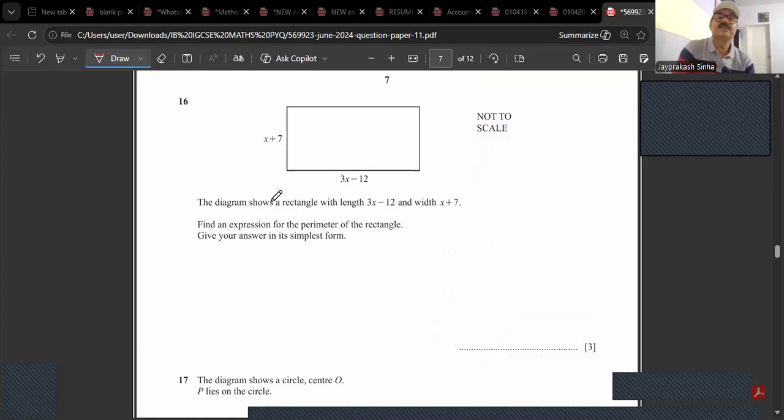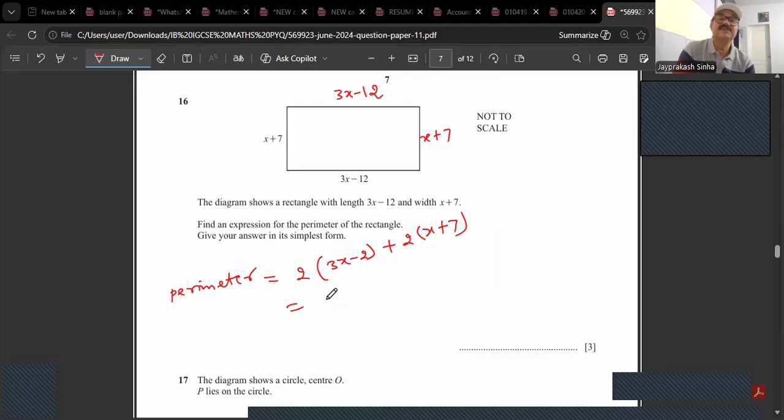Now, next problem. The diagram shows a rectangle with length 3x minus 12 and width x plus 7. Find an expression for the perimeter of the rectangle. Perimeter of the rectangle means the opposite sides are equal. So x plus 7 here also and 3x minus 12 here also. It means you have to add all these sides. So we can write 2 into 3x minus 12 plus 2 into x plus 7.